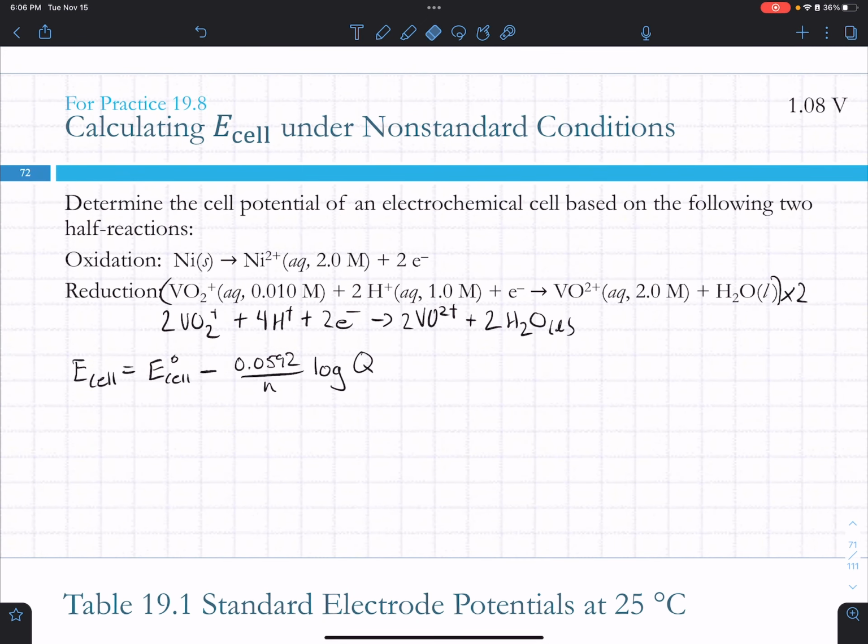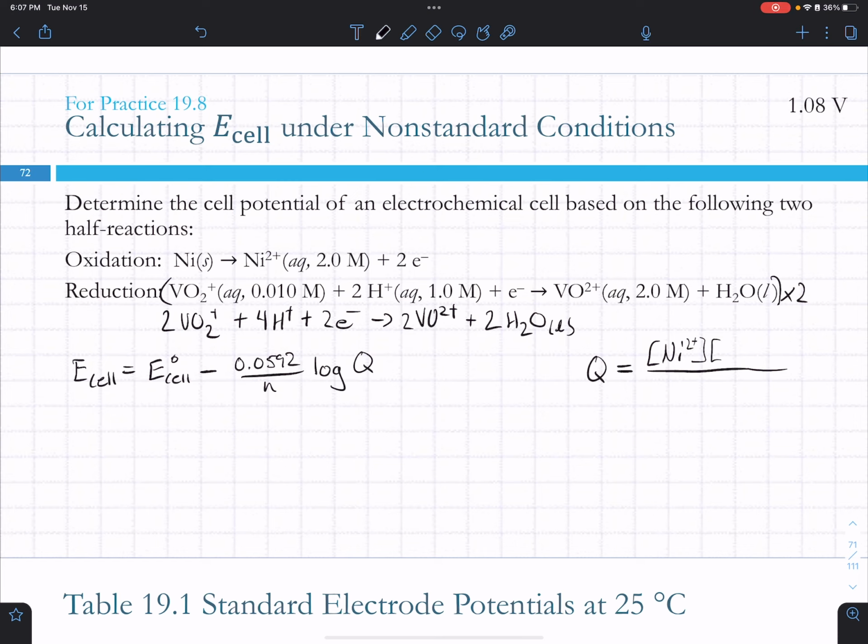So how do we calculate Q? Products over reactants, the concentrations of the products. So we're going to have nickel 2 plus times H plus. Oh, wait, no, H plus is not a product.